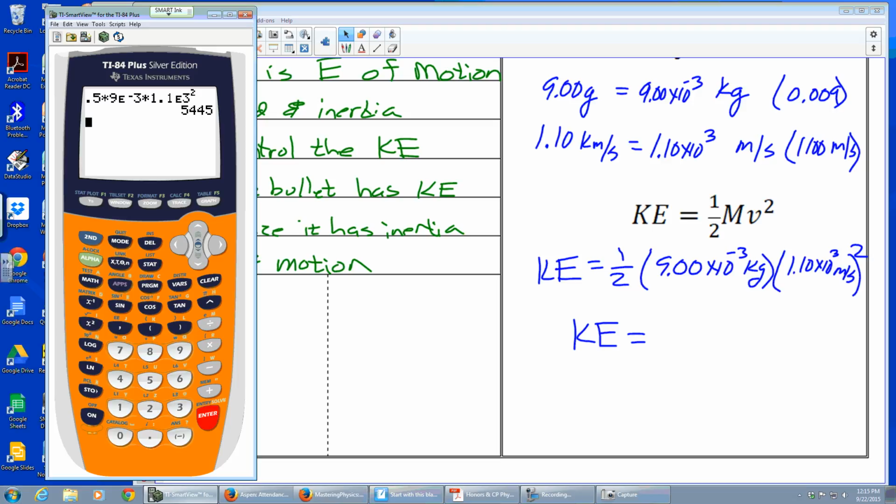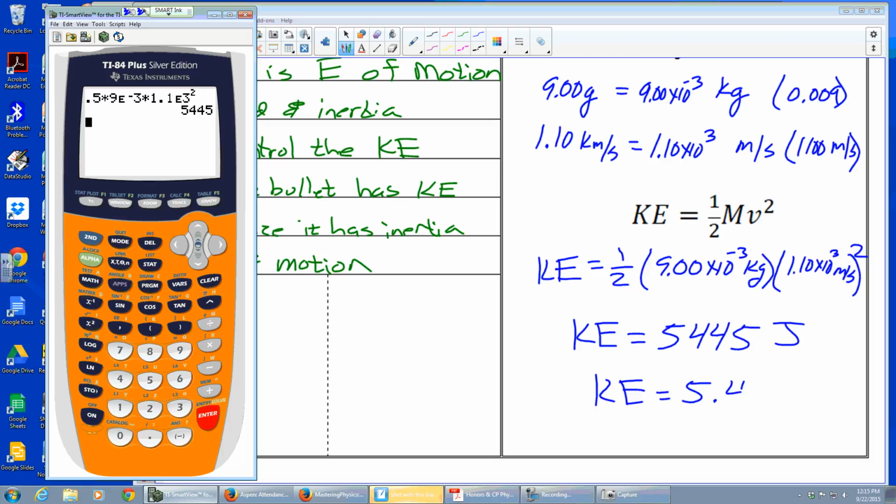And I get 5,445 joules, which, if you converted to kilojoules, I'd move the decimal place 1, 2, 3 times. So I can write it again as 5.44 kilojoules, because the 4 shouldn't round up.